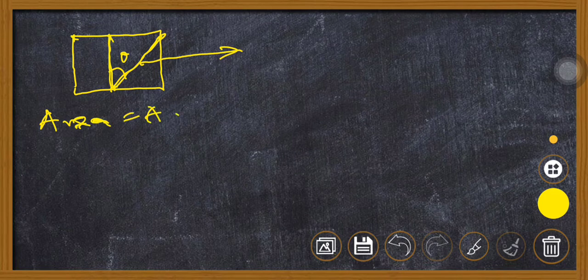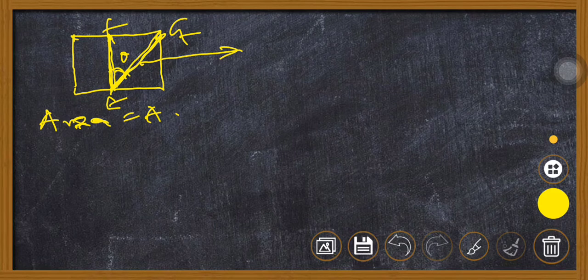The area of this section EF is A, but what about EG? Since section EG is inclined at an angle to section EF, then we can easily resolve the area of this section to find the area of this section here.